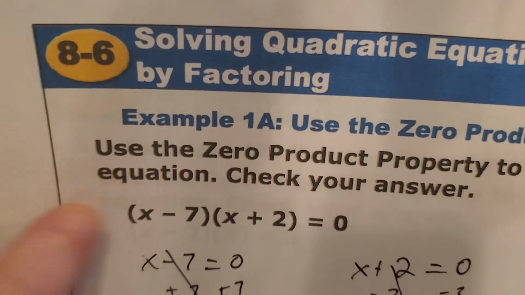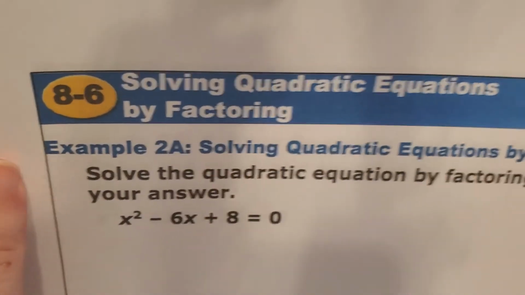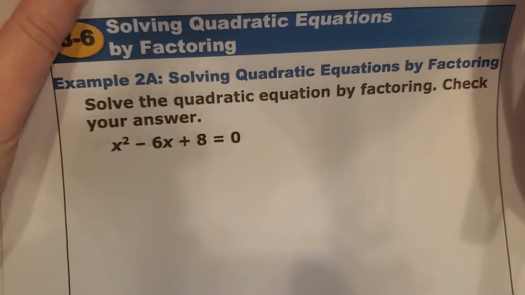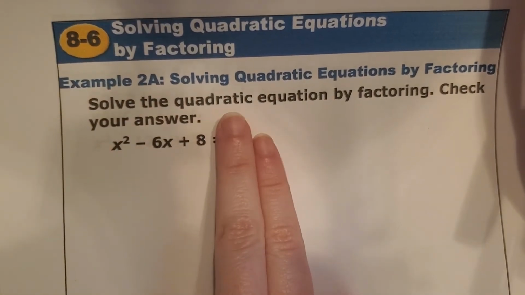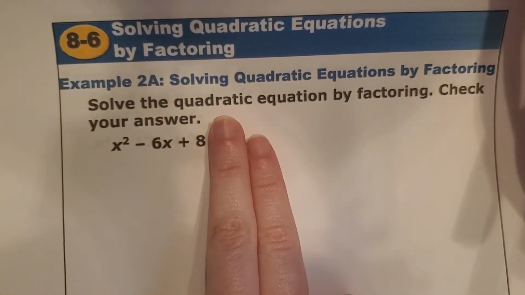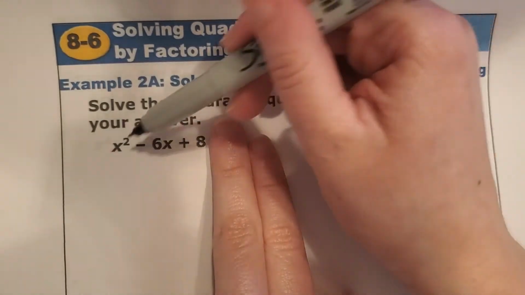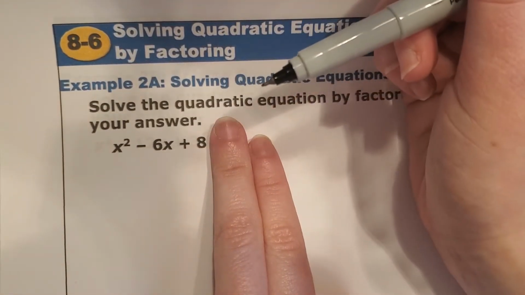So to get to here from here, we're going to want to factor first, all right? So for now, we're just going to ignore the equals 0 and worry about it later. So we're just going to factor x squared minus 6x plus 8 first.